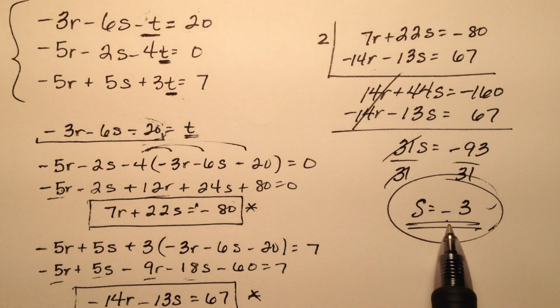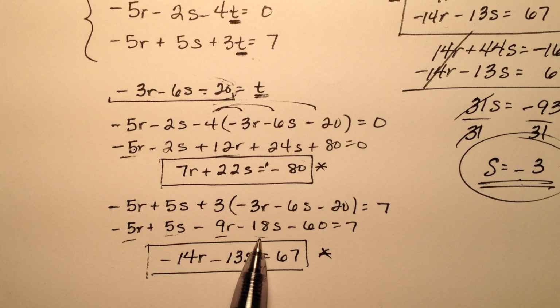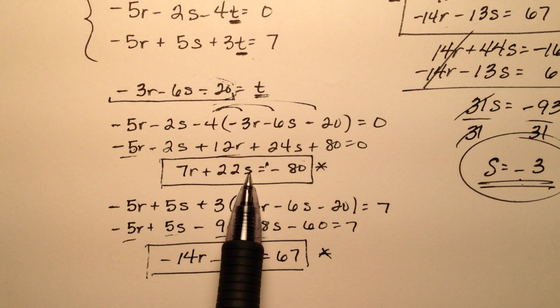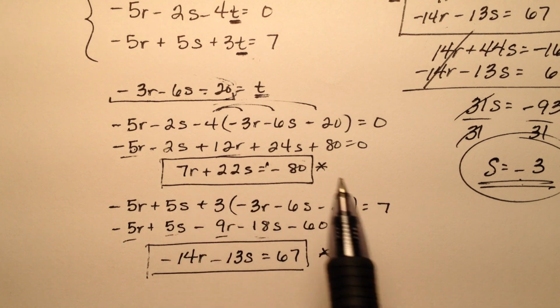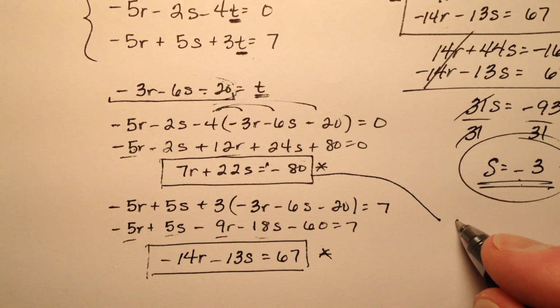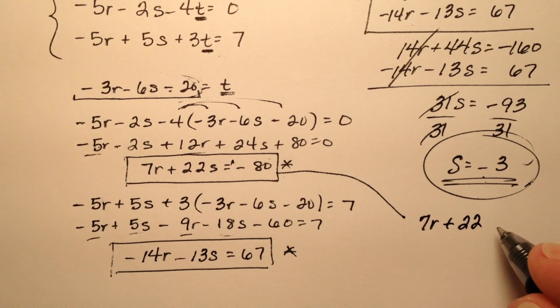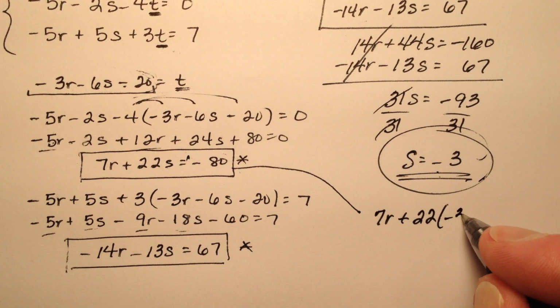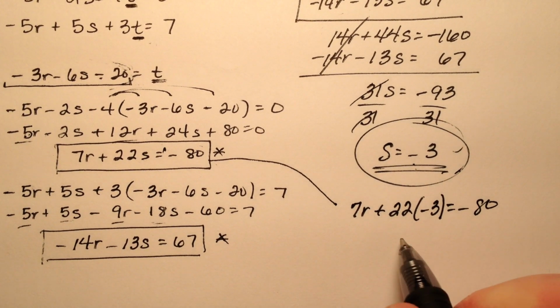So let's take this s and plug it into either one of these equations, because these 2 are limited in that they only have an r and an s. So if I know the s, then I can solve for r. Let's do that. We'll bring that down here. I'm going to say 7r plus 22s, and my s is -3, and that equals -80.